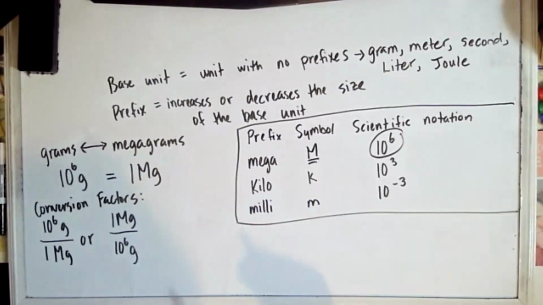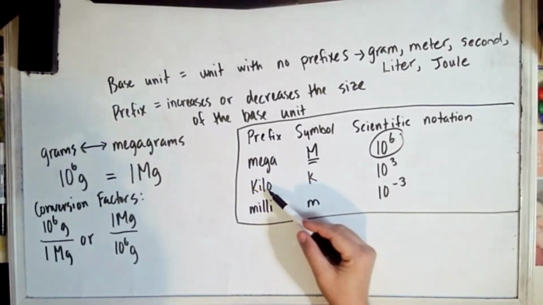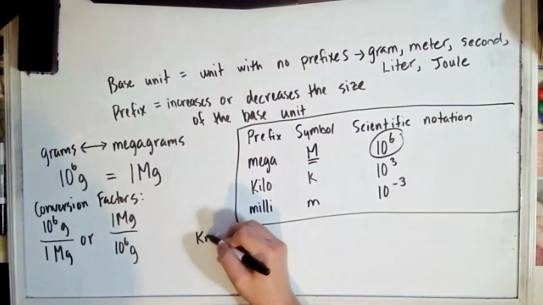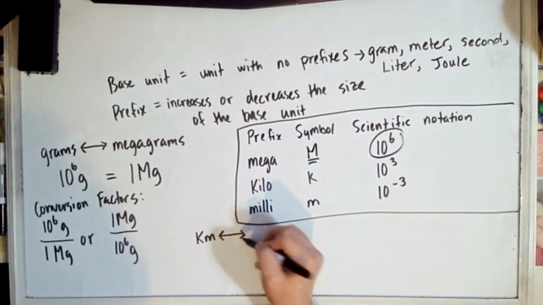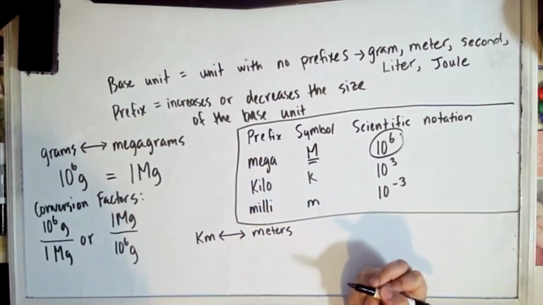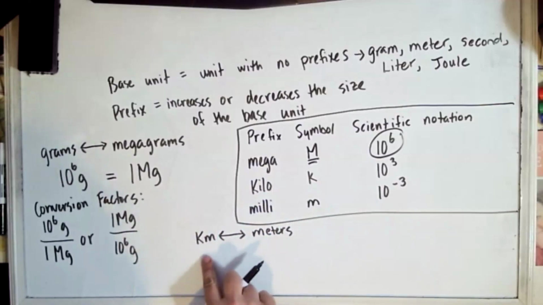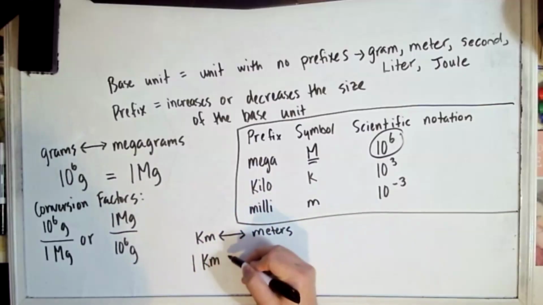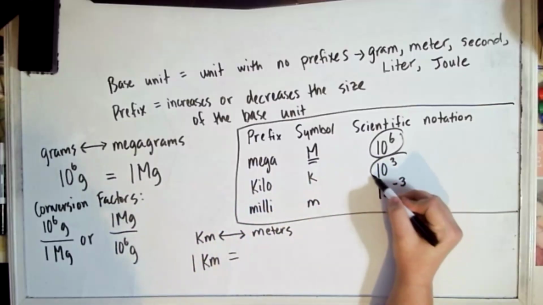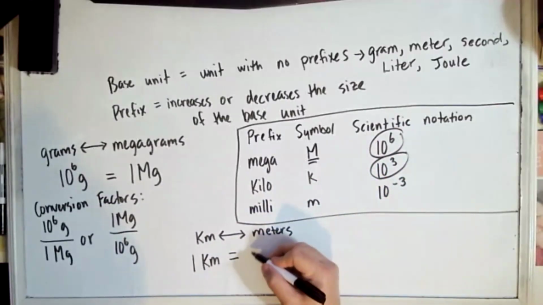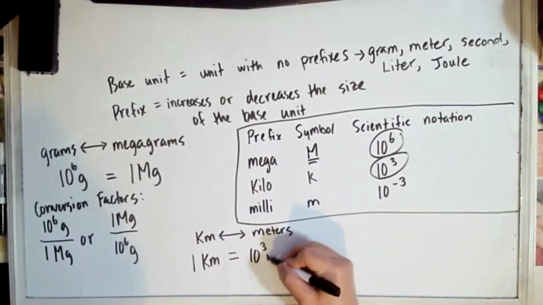Let's do a similar setup, but we'll do kilometers and meters. We'll stick this one down here. Kilometers and meters. So we're going to put a 1 in front of our prefix value. So we're going to say that 1 kilometer equals whatever our exponent value is, our scientific notation value, that goes with our base unit.